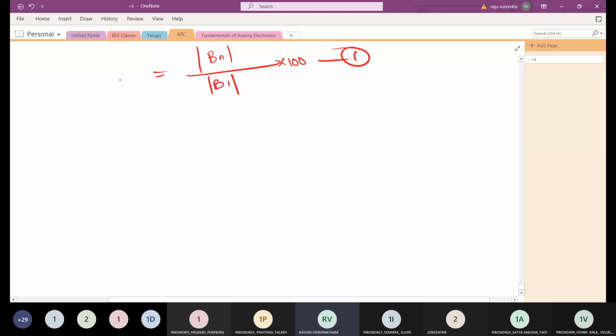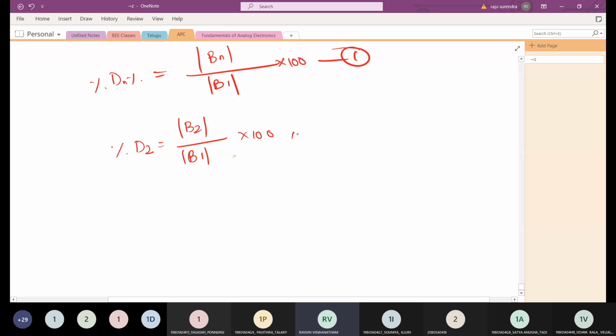If you want to find the second harmonic component distortion, which is D2, then the maximum harmonic component is the second, so it is B2 divided by the fundamental component B1, multiplied by 100.